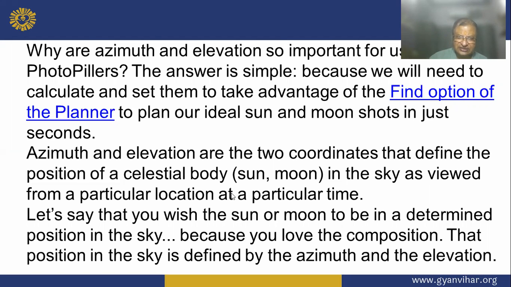So azimuth and elevation are the two coordinates that define the position of the celestial body, the sun or the moon, in the sky, as viewed from a particular location at a particular time.